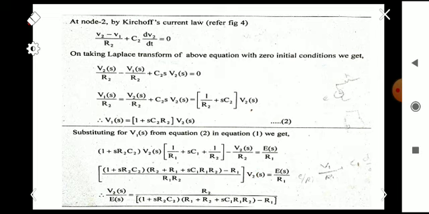You should be careful while rearranging, as mistakes may happen.